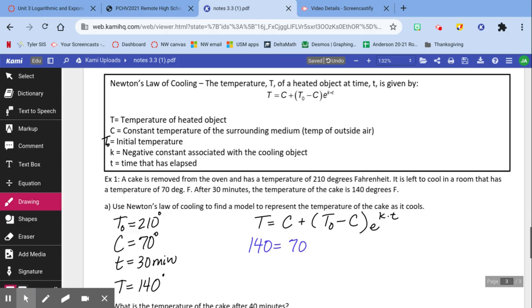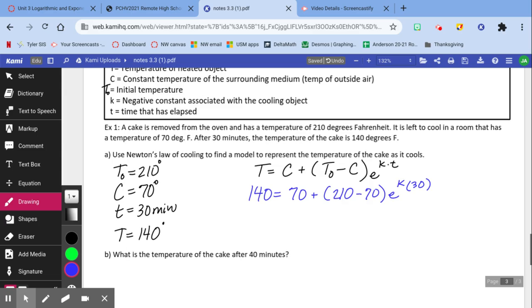The constant temperature around the cake is 70 degrees. When we pulled it out of the oven, it was 210. And we know that K, which is the negative constant, which we don't know, we're going to leave that as K. And we know that 30 minutes has elapsed. So that's going to be our equation.